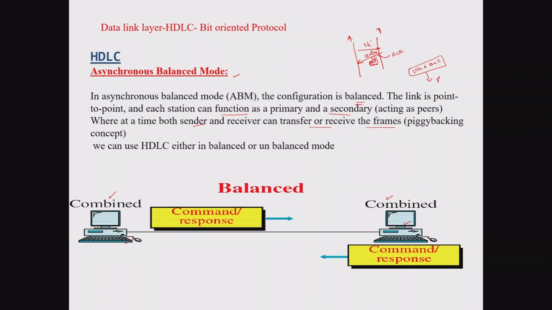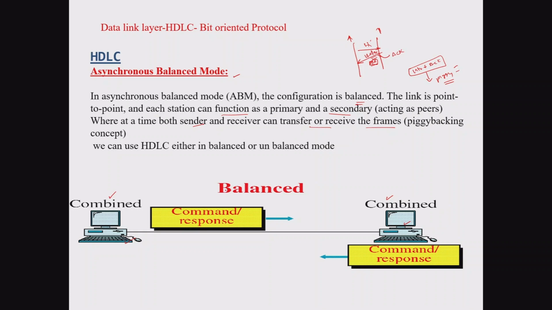That is what we call piggybacking, as we discussed in previous lectures. If data is carried along with the acknowledgement, it is called piggybacking. Here we have both-way operation, unlike what we discussed for noiseless channels.